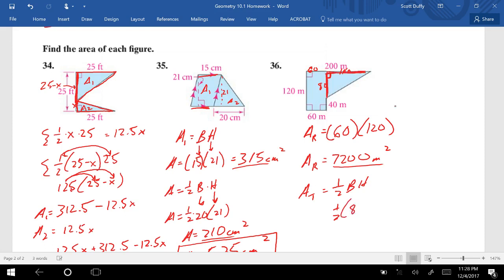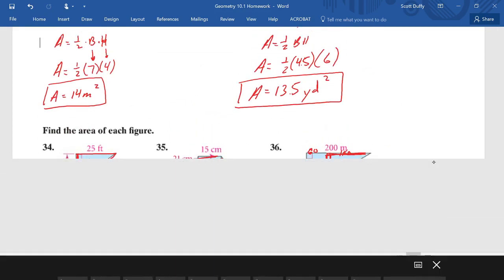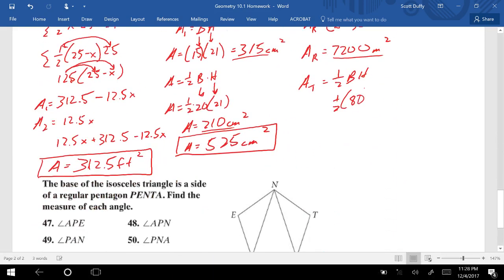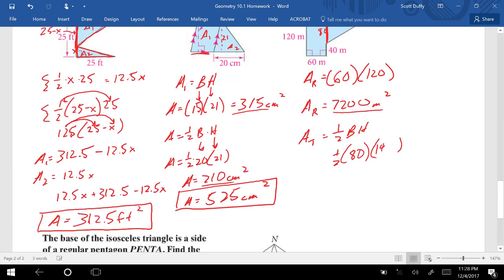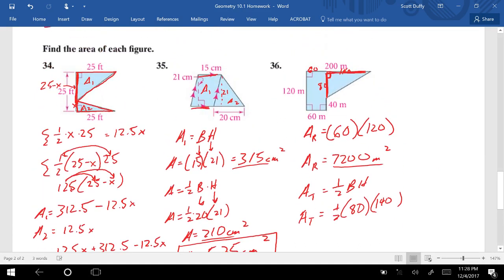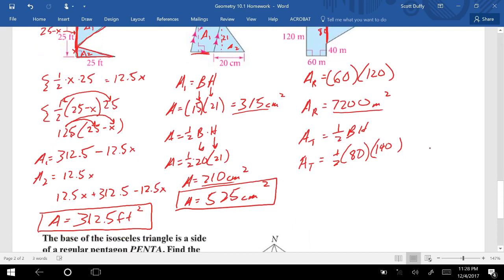So 1/2 times 80 times 140, and the area of the triangle is 5,600 square meters.